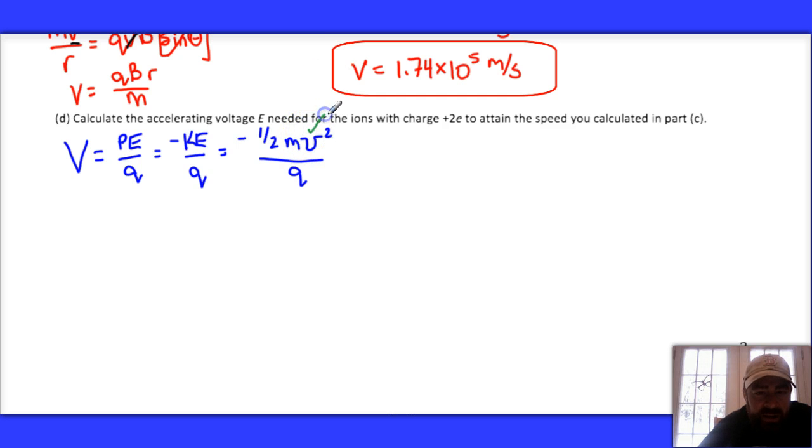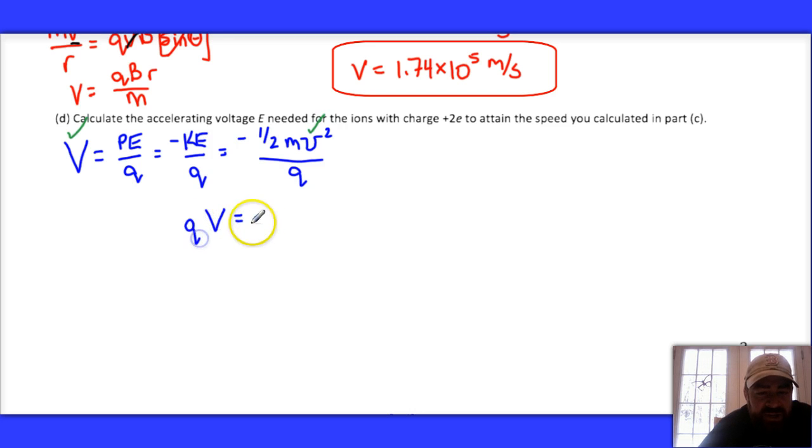What am I looking for? Well, I'm looking for the accelerating voltage, which is what I have over here, V, and I've got it in terms of speed and charge and mass, which are all things that I have. So that's the form that I'm going to use. V is equal to 1/2 m v squared over q.